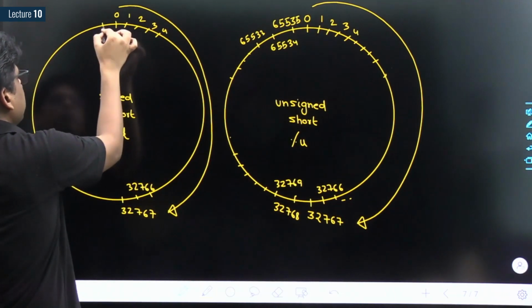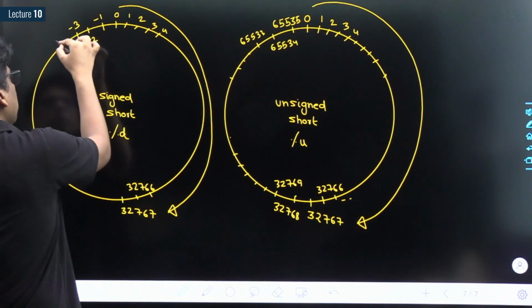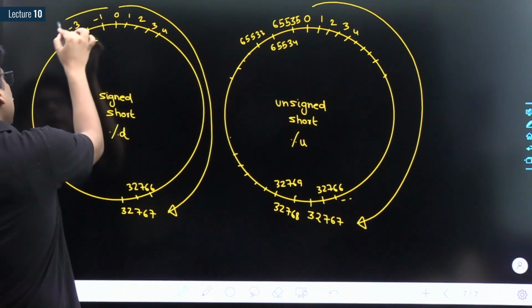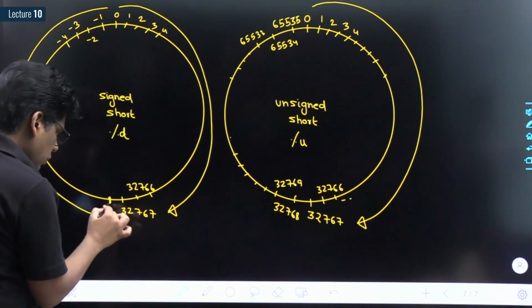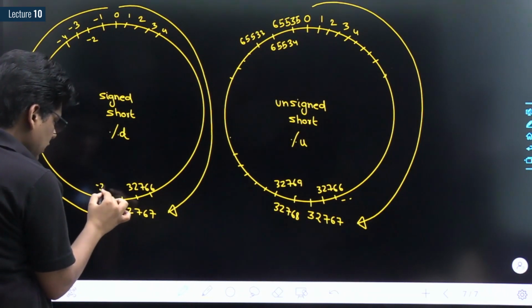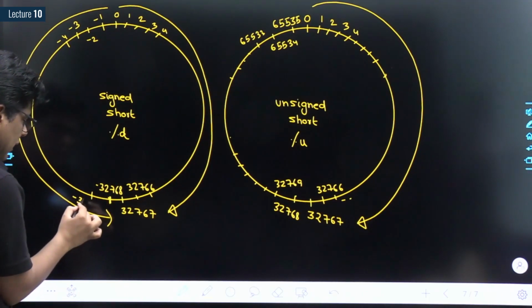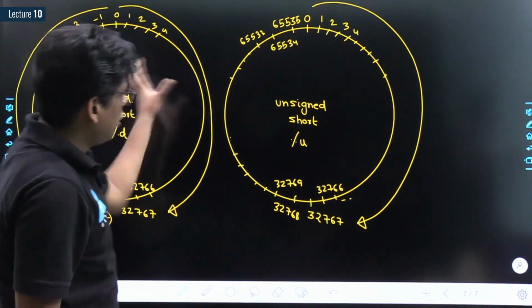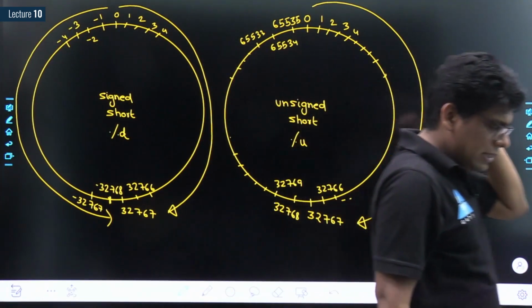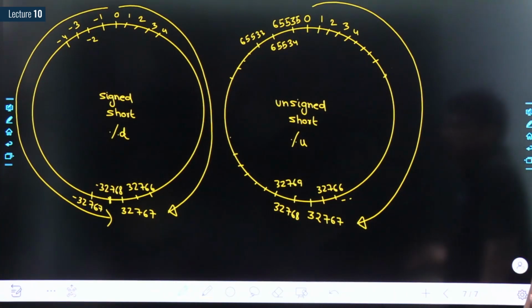Then we have negative numbers like -1, -2, -3, -4 and like this. For negative numbers, we will move like this. That means, what is the number here? -32768 and here we have -32767. Okay, so sir, actually these circles are somehow equivalent. Why? Because the total possible values are same.